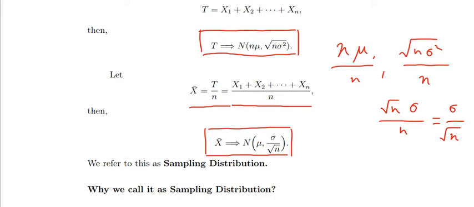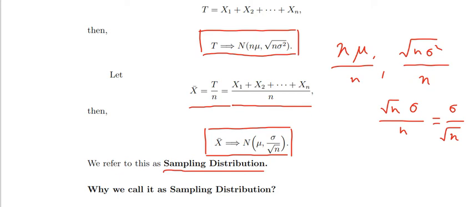Such a result, we refer to as a sampling distribution. We say x bar follows this normal and t follows this normal. These two things are actually the same, but we will use different names for them.